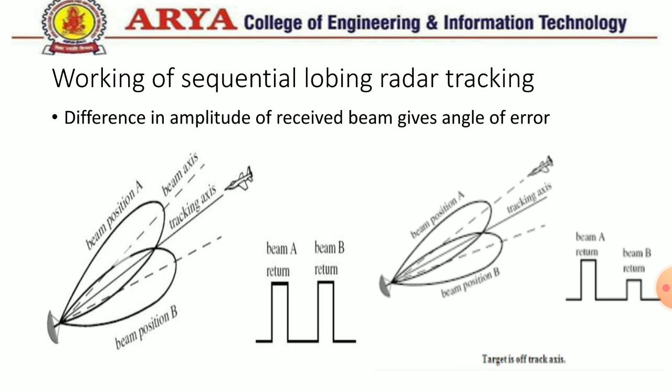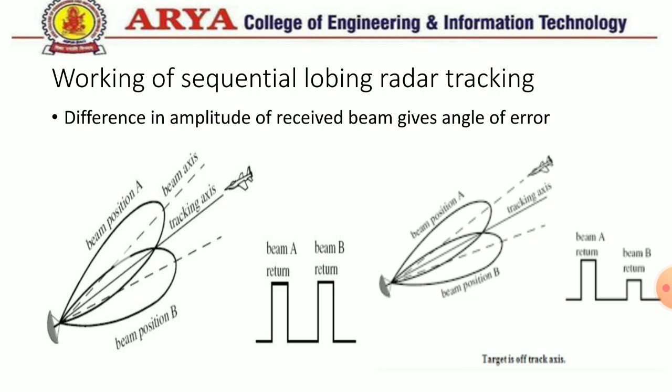Now how can we do it? Once we have this angle of error, we change the antenna azimuth angle and elevation angle. If we change azimuth angle and elevation angle, we can steer the tracking axis onto the object, so that the error is nullified.